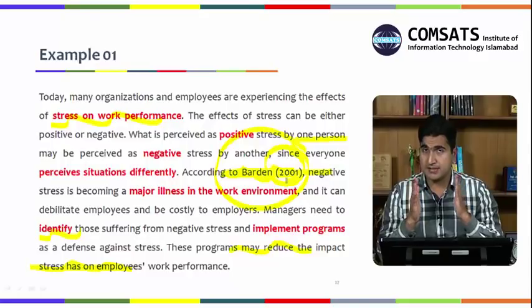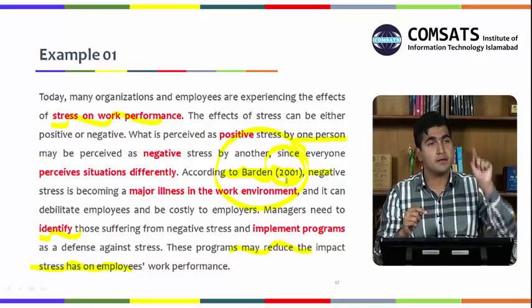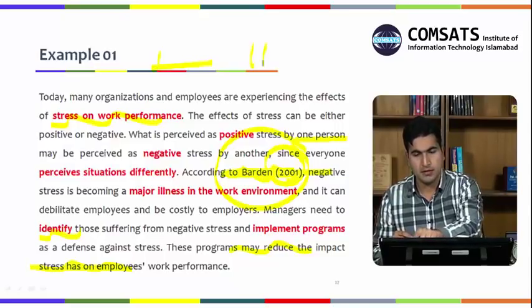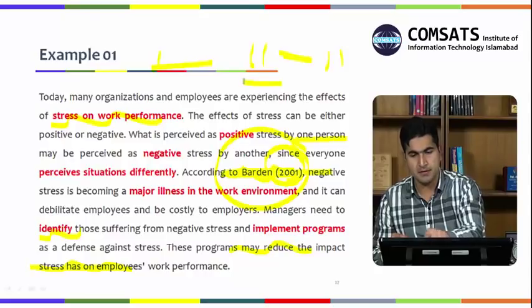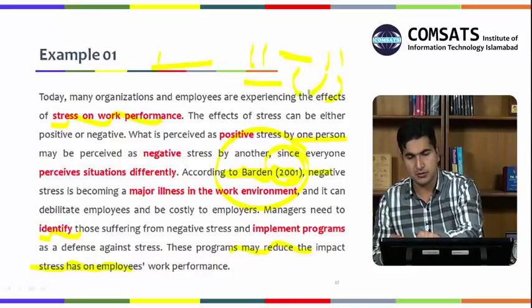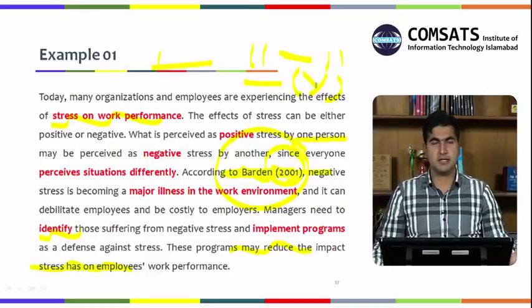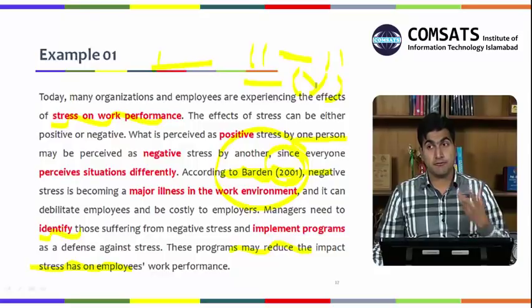But the technique is, once again, exact quotes within quotation marks, then the author's name, then brackets, year. That's how you do it, no plagiarism. This is the basic technique of avoiding plagiarism as well and writing in a professional way.